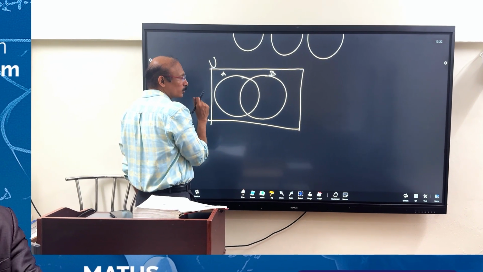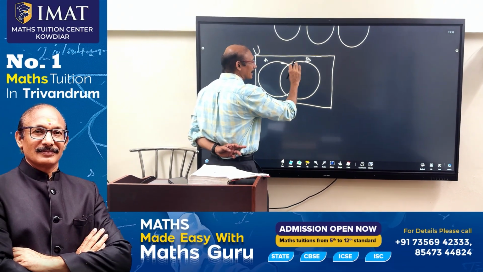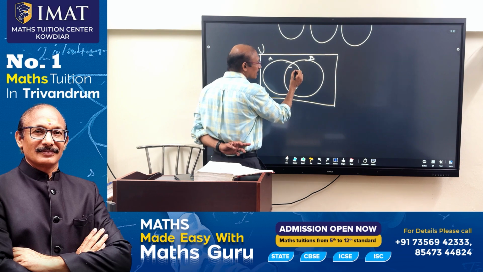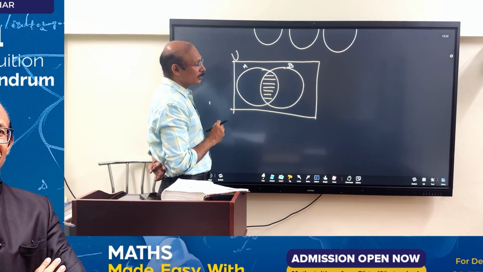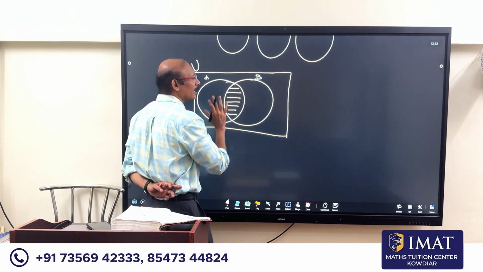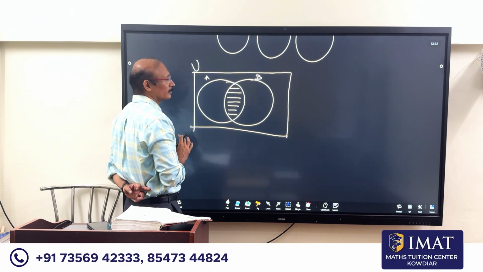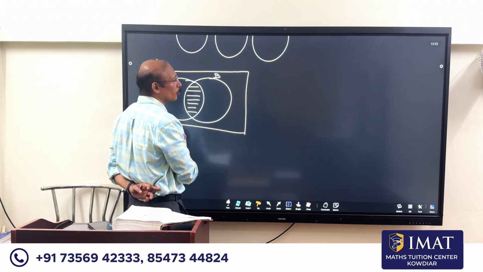What do you understand from this? It means that A and B, the two sets, are intersecting, which means there is a region which is common to the two. Or in other words, from here you can interpret that there are some elements which are in A as well as in B. This is the use of representing sets by means of a Venn diagram.